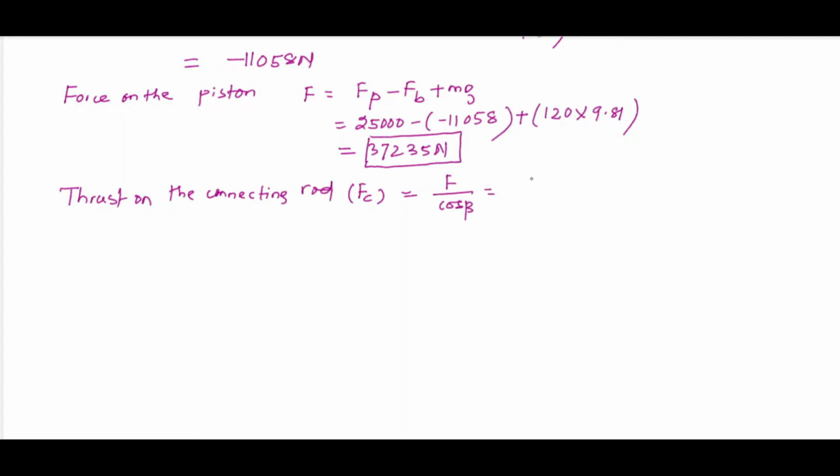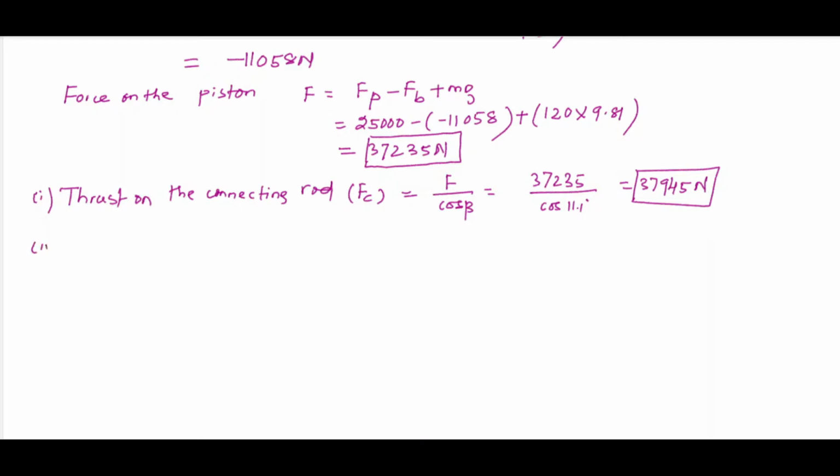So F we have 372.35 divided by cos 11.1 degree. So this will be 379.45 Newton. I think this was the first question, to find out the thrust on the connecting rod. So this is the first answer.